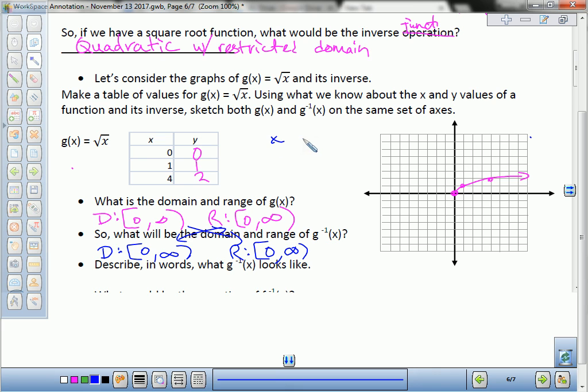So the inverse would be switch, switch, switch. So does it look like half of a parabola? Yes. Okay? It's the right half.